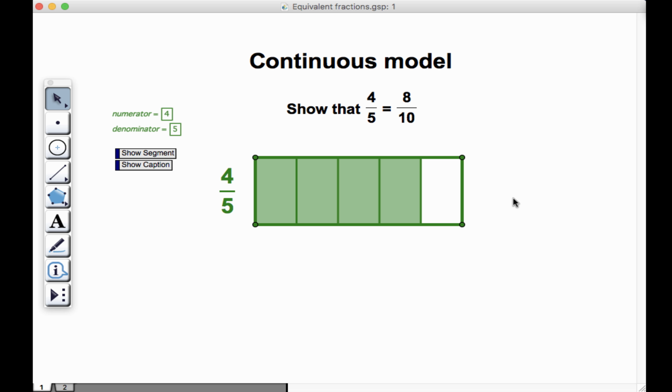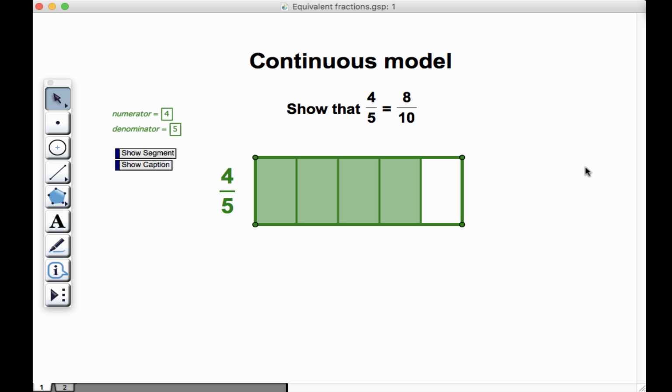In general, continuous quantity is anything that you measure. So it could be weight, it could be lengths of time, it could be volume, it could be all sorts of things. But often with fractions, we're using number lines or rectangular area or circular area as continuous models.